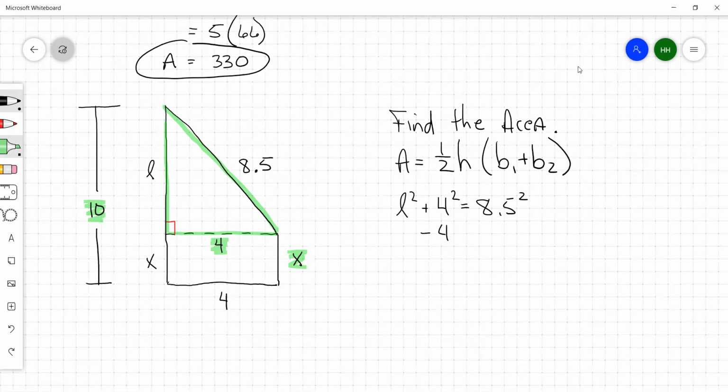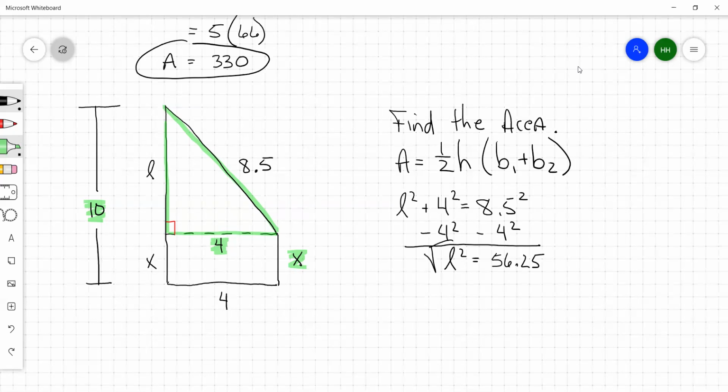So we can subtract 4 squared from each side. So L squared is going to equal, in your calculator, you can type 8.5 x squared minus 4 squared, 56.25.